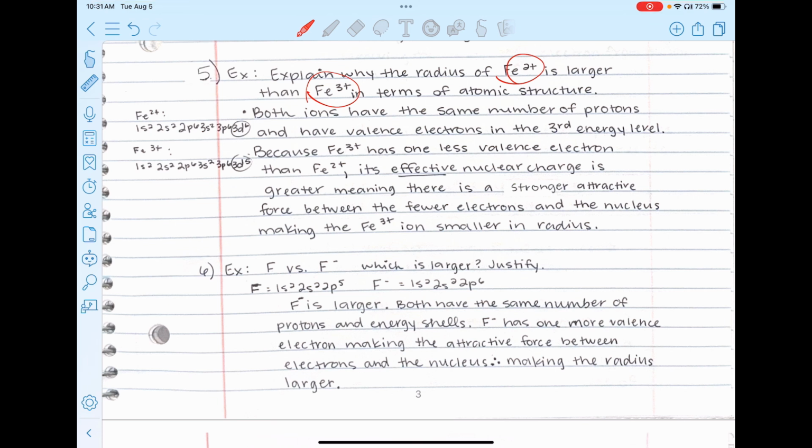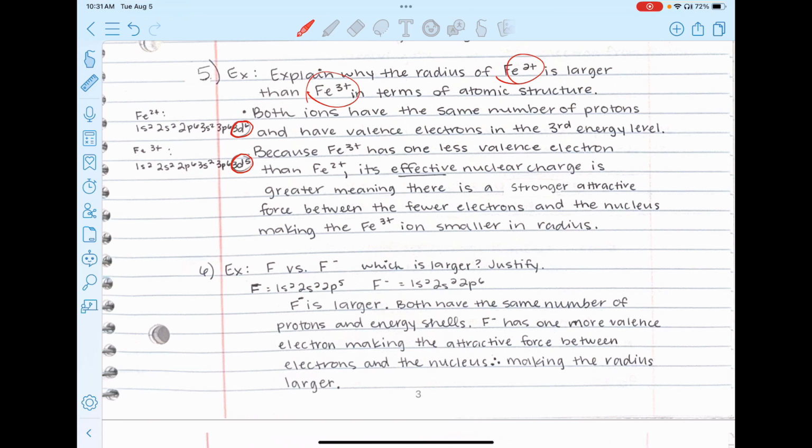Well, according to these electron configurations, Fe2 plus has 3d6, whereas Fe3 plus ends in 3d5. Same energy level, same number of protons. This one feels really tricky. It seems like the charge should be the same. It seems like the distance should be the same, but it's not. In truth, there are some differences.